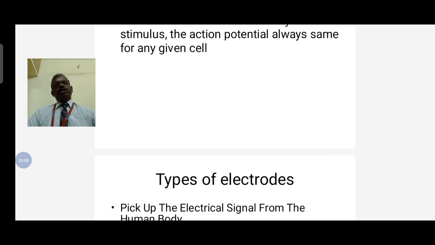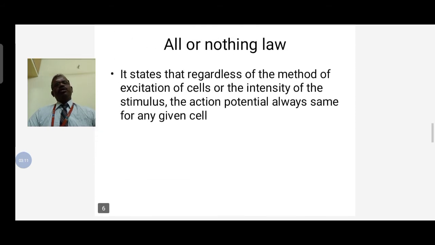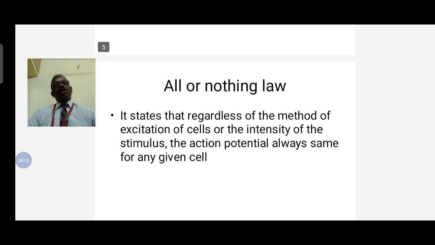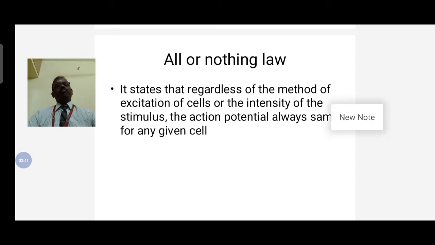Up to this, the first topic, origin of biopotential, is complete. In addition, the action potential has a polarization curve, combined with muscle contraction.